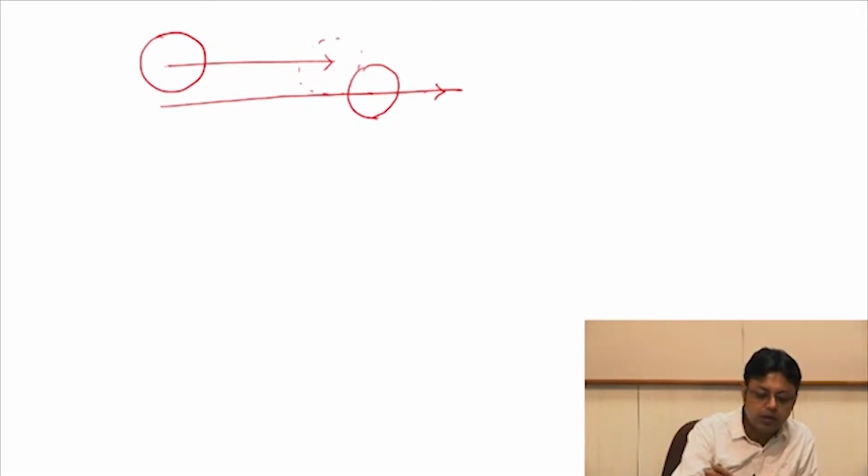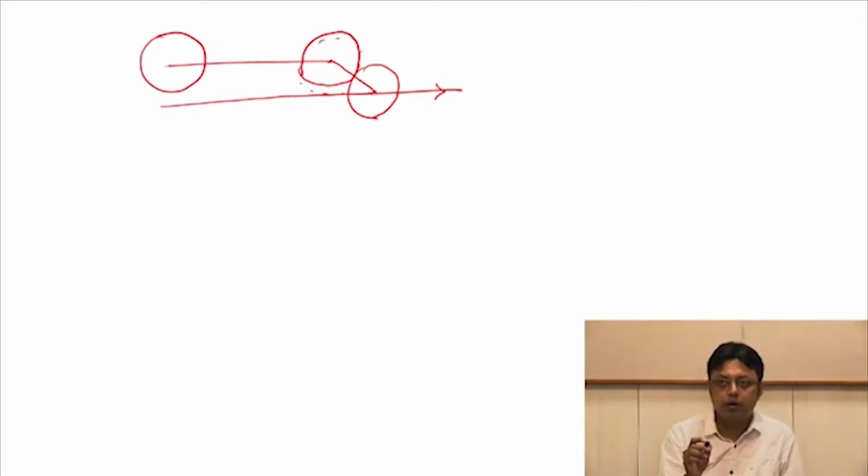Now the question is, when it makes this impact, how much energy actually is transferred? Okay, let's just stick to that. The question is, how much energy is transferred along this line of center?